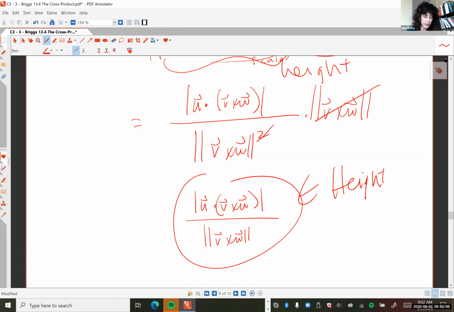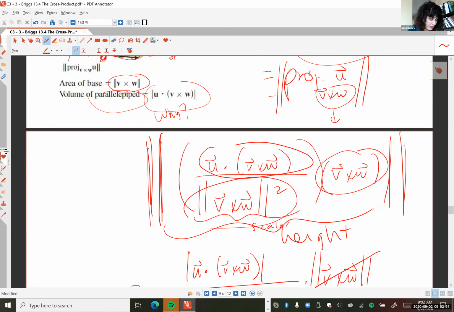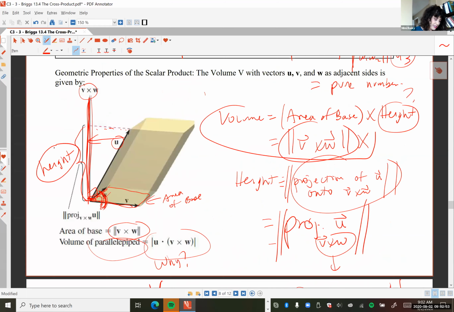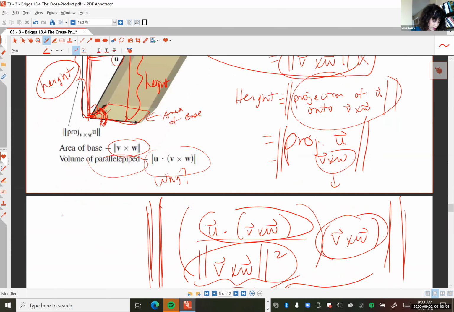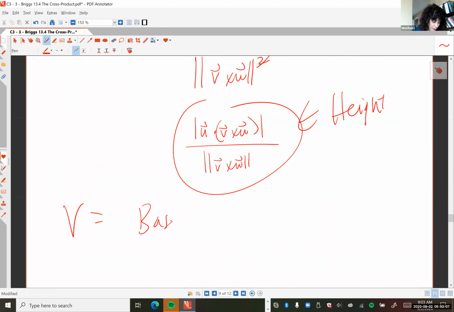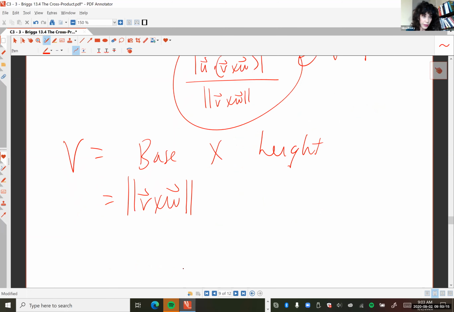So if I go back to my little diagram of my solid here, that is the length of how tall it is. So another way to figure out height is to drop a perpendicular down from that vertex down to the ground. So now the actual volume, remember, is base times height. So volume is base times height of this parallelepiped. And remember, the base was a parallelogram, so the area of the parallelogram was the magnitude of a cross product.